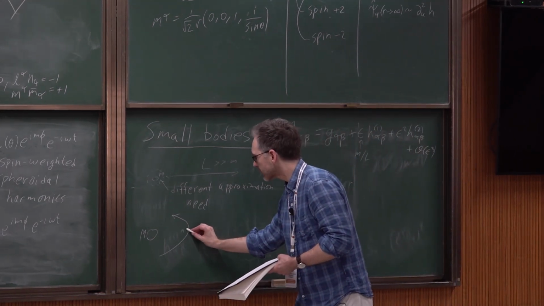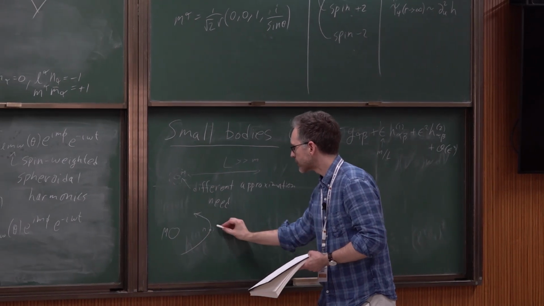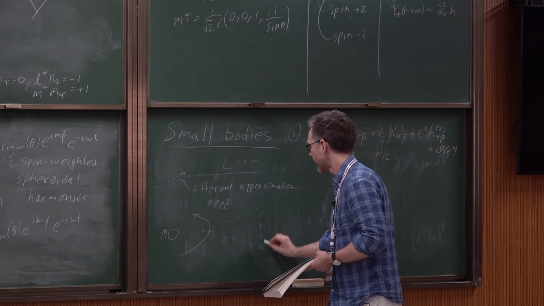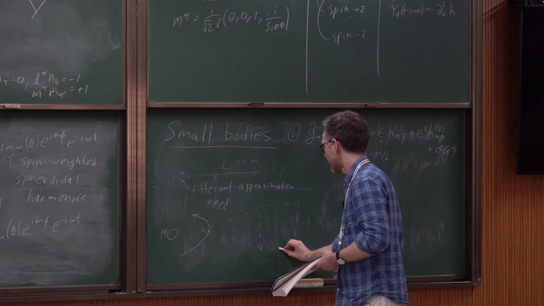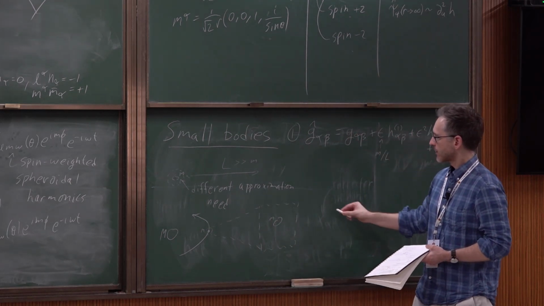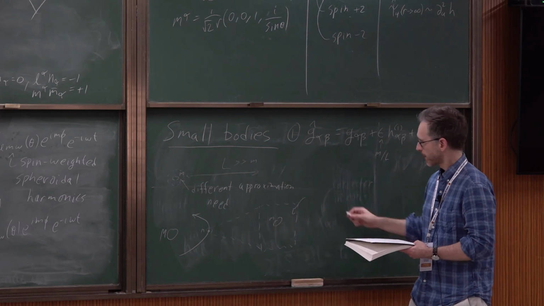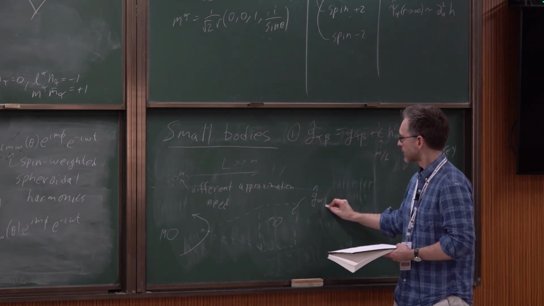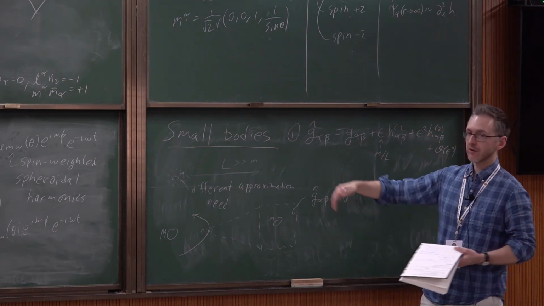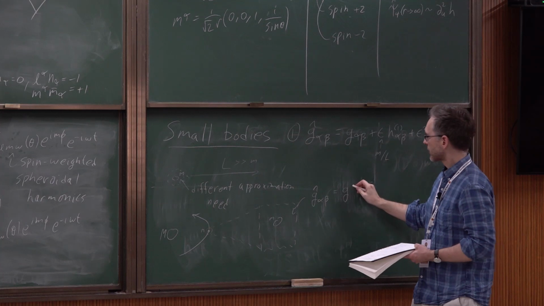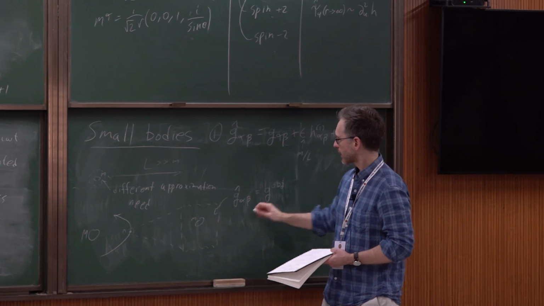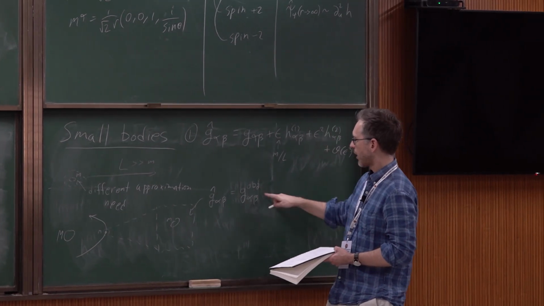Then in this little region around the small object, I want to zoom in and consider the second approximation, where I take my same exact metric, but now, rather than expanding around the external background, I'm going to be expanding around the space-time of the small object itself, g object.